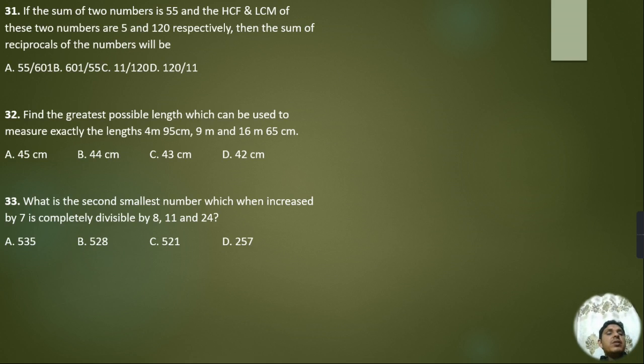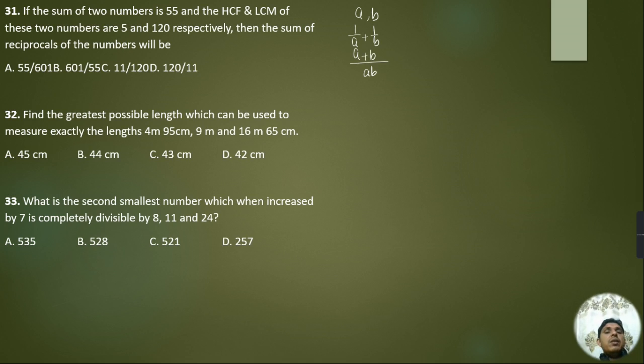Coming to the next question, question number 31. If the sum of two numbers is 55 and HCF and LCM of these two numbers are 5 and 120 respectively, then find the sum of the reciprocals of the numbers. So students, if we take the numbers as A and B, the sum of the reciprocals will be 1/A plus 1/B, which is (A plus B) divided by AB.